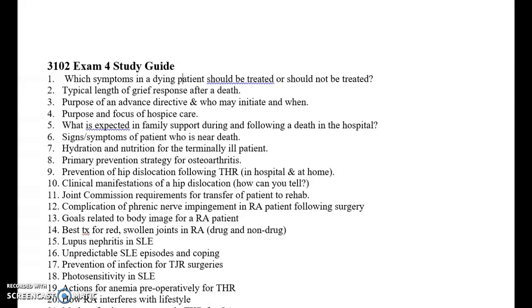You'll see some different policies about family support during and following a death in the hospital. Some hospitals have specific procedures. How long can the family stay with the patient? But really the biggest thing is at some point you're providing both care for the patient physically, sometimes emotionally, and very often psychosocial support for family during that process almost becomes paramount more than what you're doing for the patient.